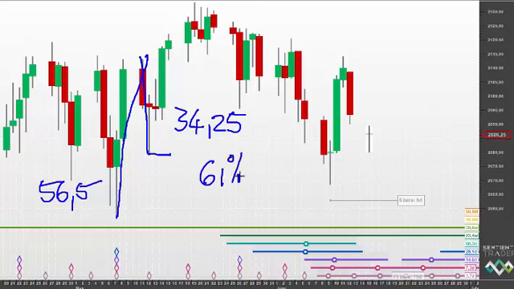Could use a calculator and get it absolutely right, but it's about 61%. And of course, a very well-known Fibonacci level is 61.8%. So that's clearly a good Fibonacci retracement of 61.8%. So we're seeing retracements of 61.8%.